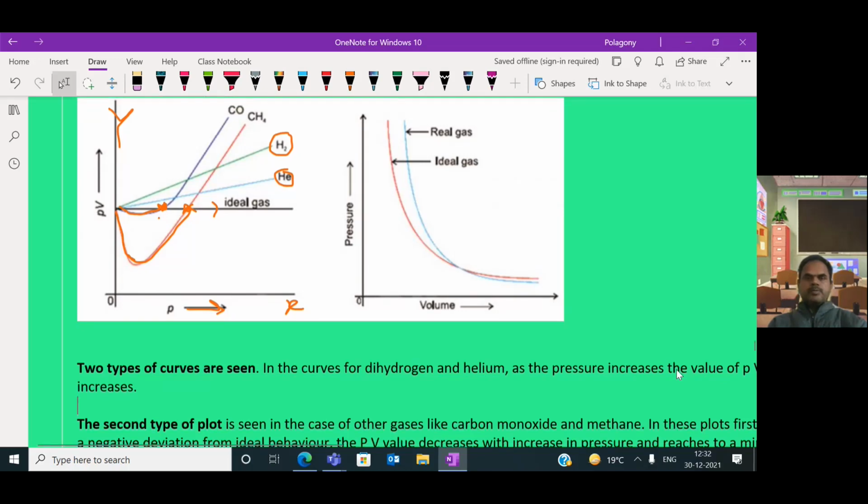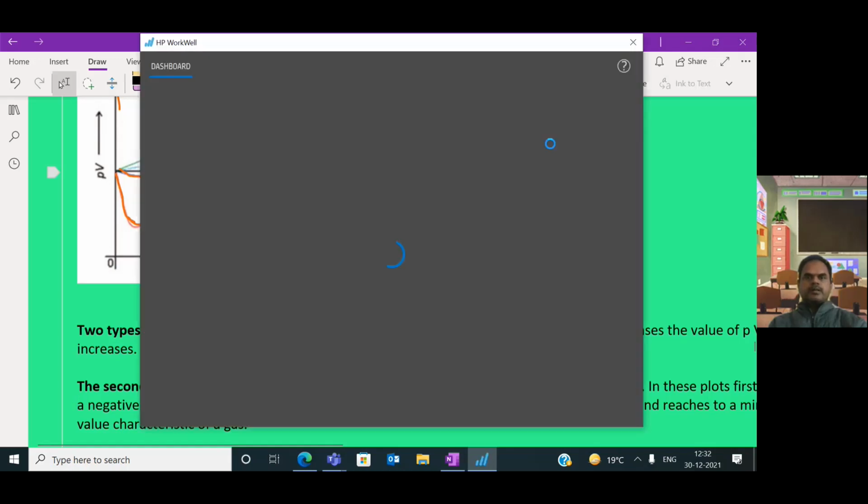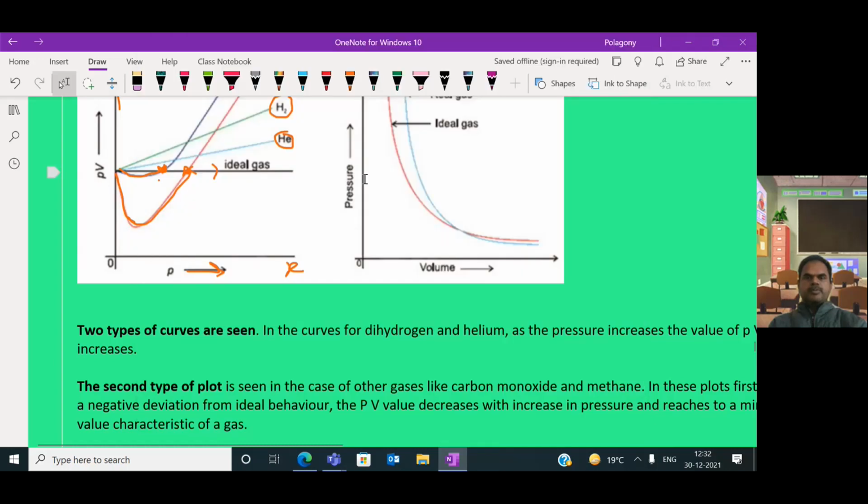Also, if you plot the graph of pressure versus volume at a given constant temperature, for the ideal gas we get a curve as per Boyle's law.